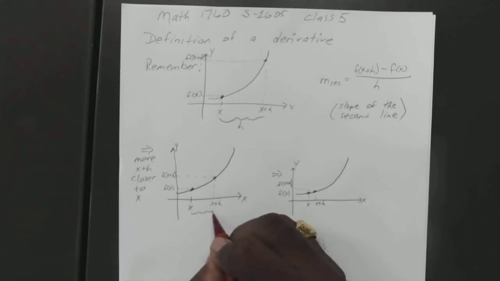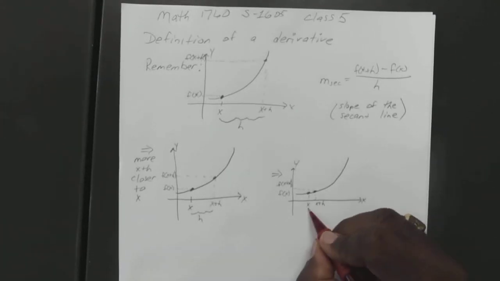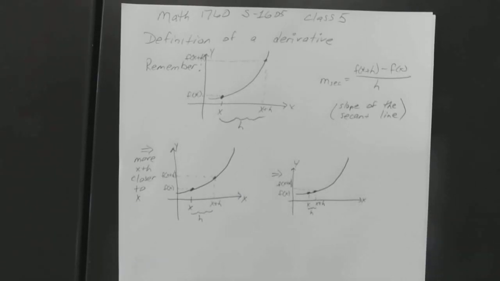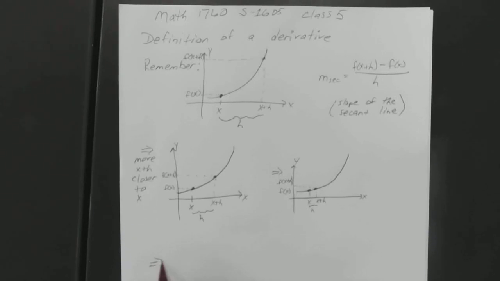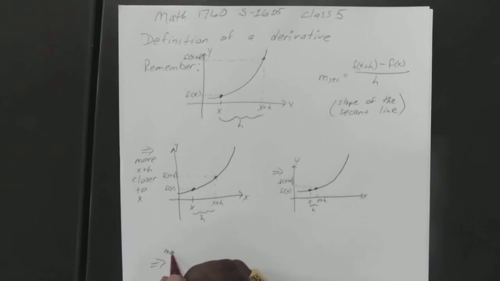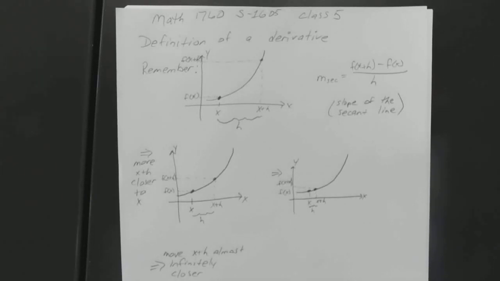Notice here, this is our distance of h. Our h is getting shorter and shorter with each time we move it. So let's say we decide to move it almost infinitely closer to x, so close you can barely tell the difference.